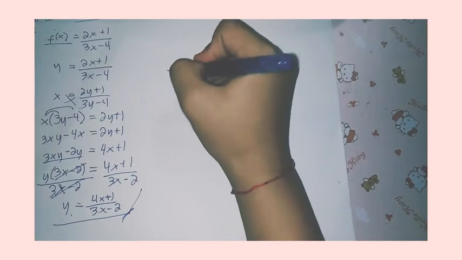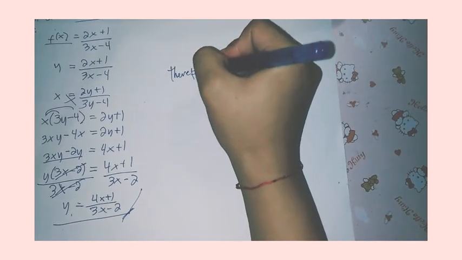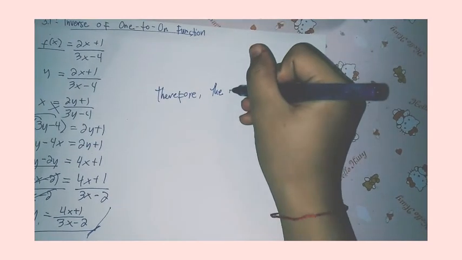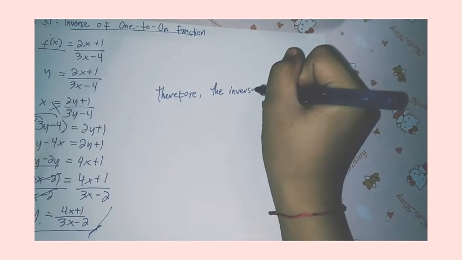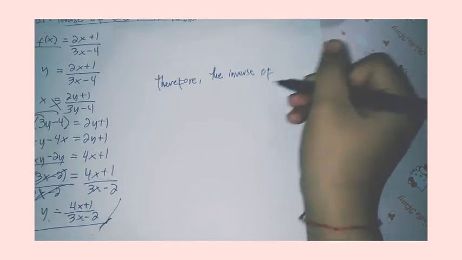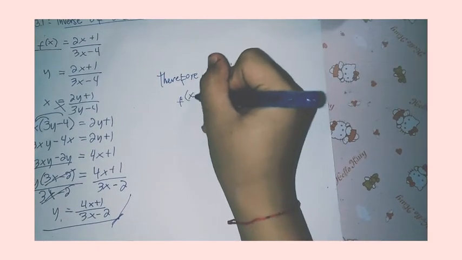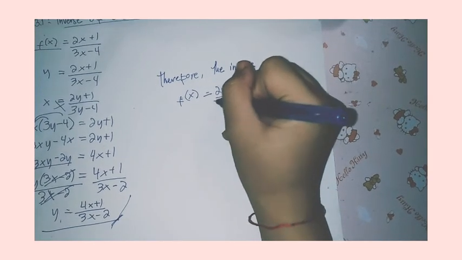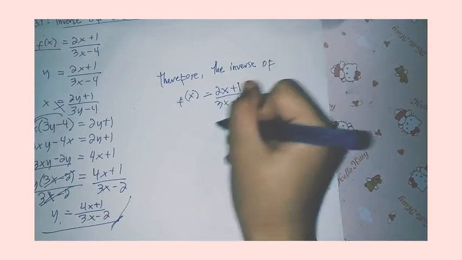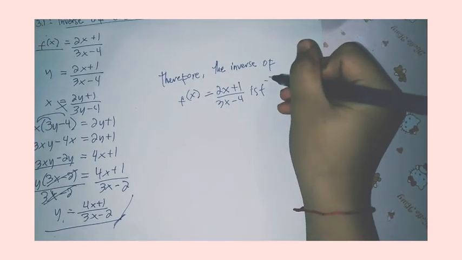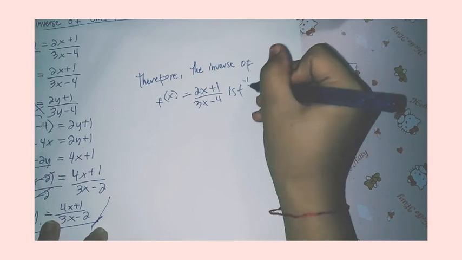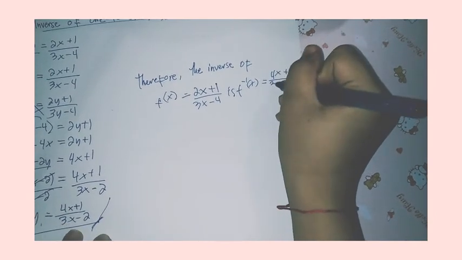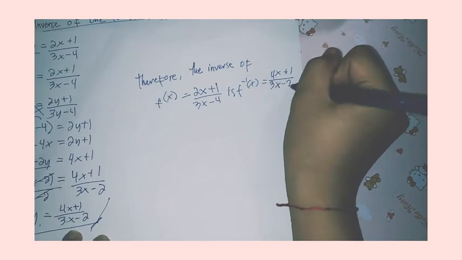Therefore, the inverse of f of x is equal to 2x plus 1 over 3x minus 4 is f inverse of x is equal to 4x plus 1 over 3x minus 2.